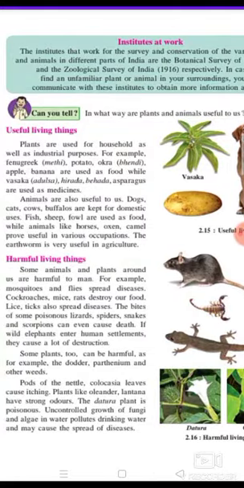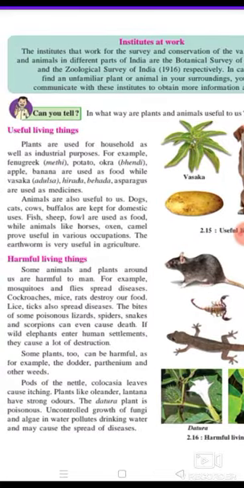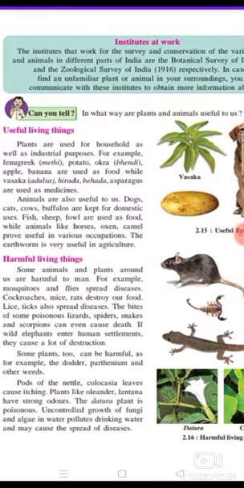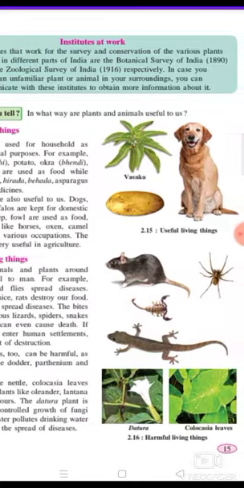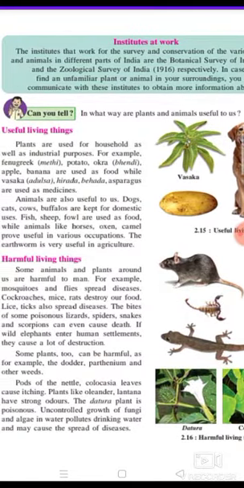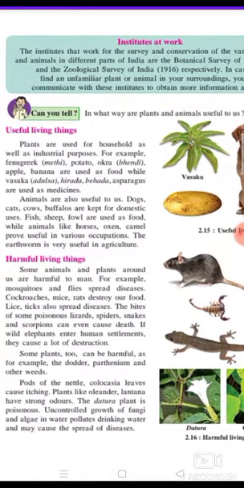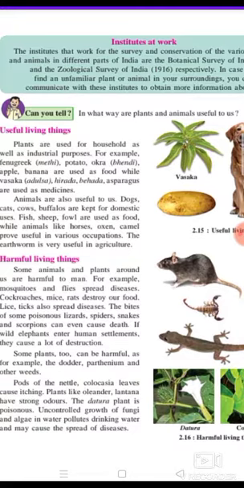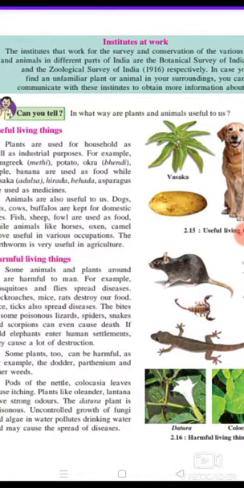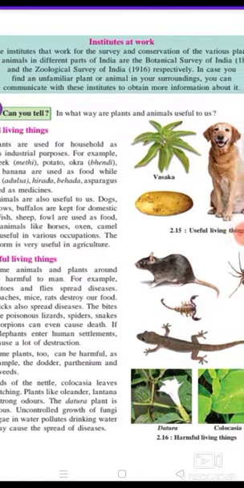In case you find an unfamiliar plant or animal in your surroundings, you can communicate with these institutes to obtain more information about it. If you see different types of animals and plants around you and want information about them, then you can contact these institutions.